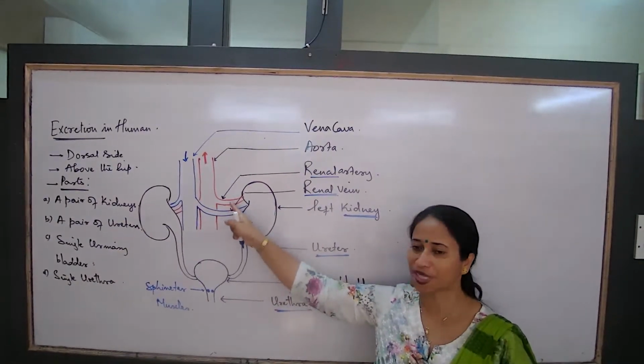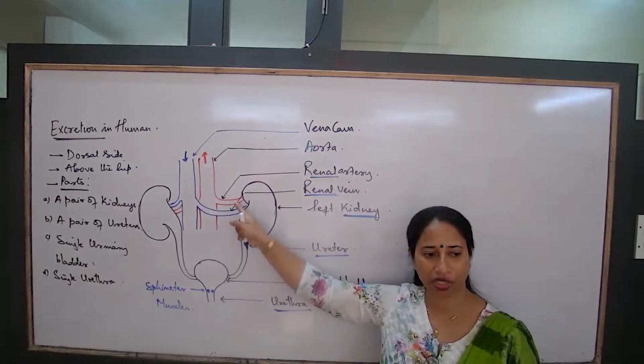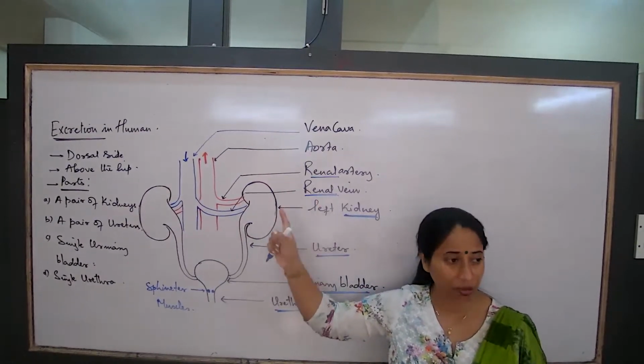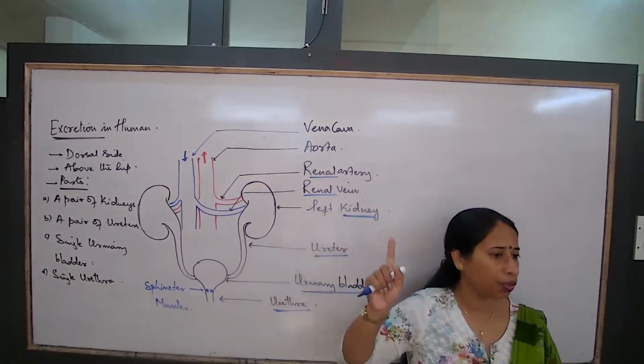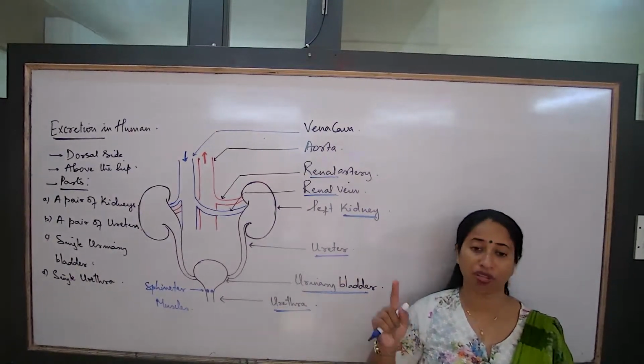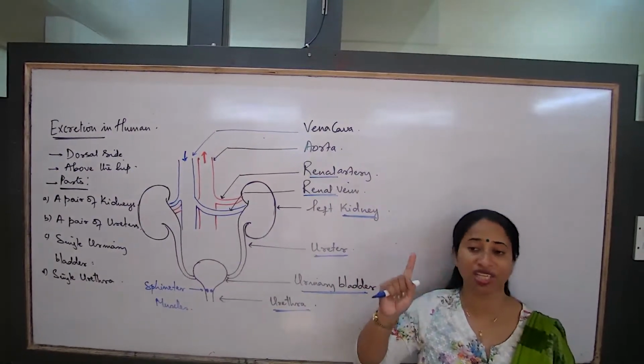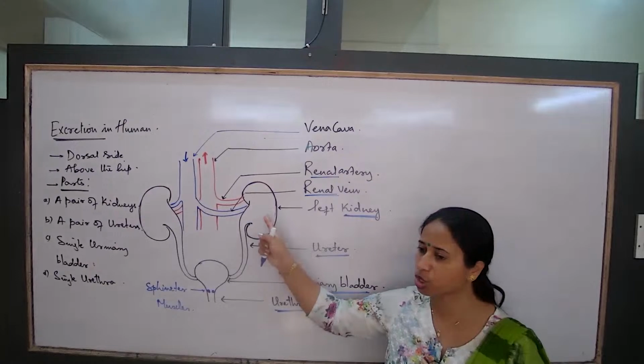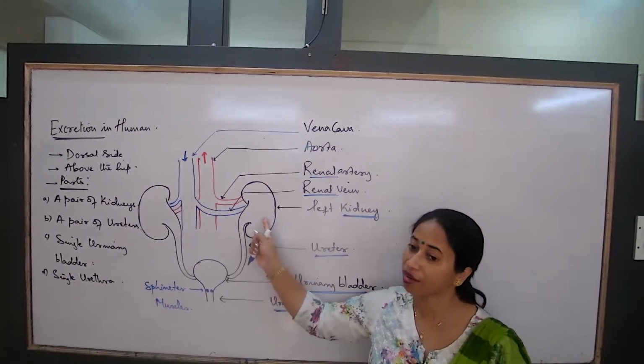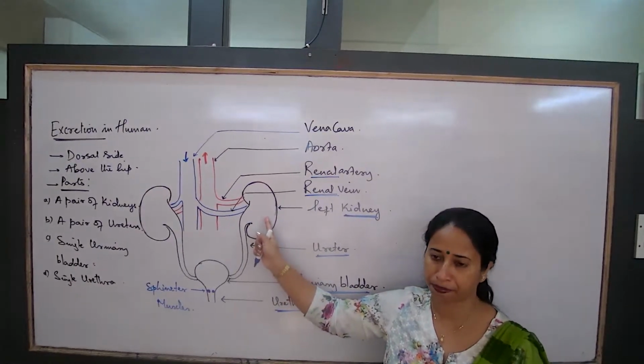The blood carried by the renal artery already has a lot of oxygen. With reference to the kidneys, we are not talking about filtration with reference to oxygen and carbon dioxide, but only filtration of the nitrogenous waste.